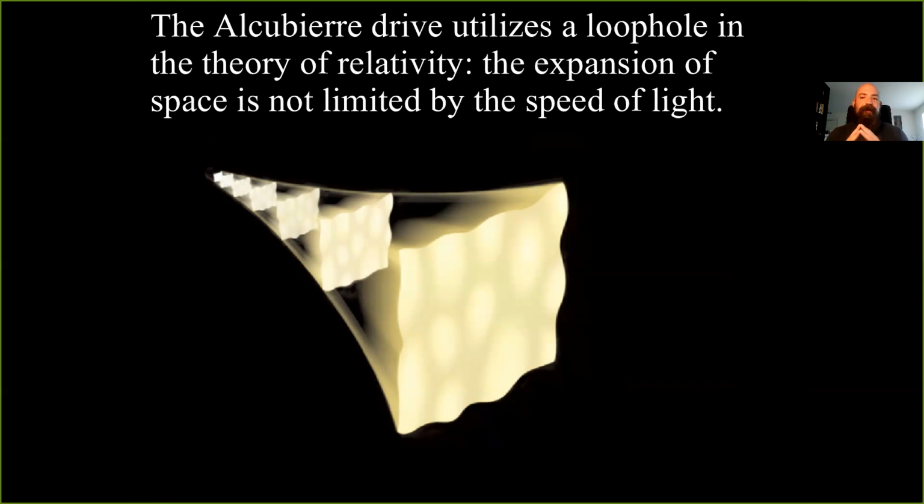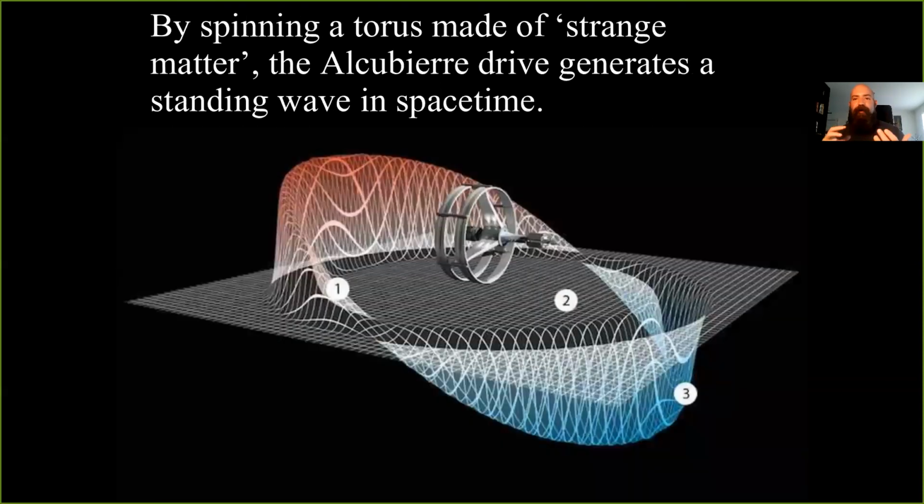And in fact, in the very early universe, there's an epoch, we believe, known as inflation, during which the universe expanded many, many orders of magnitude faster than the speed of light. So with the Alcubierre drive, what it does is it takes this torus made of something called strange matter, which has negative energy, and you spin it extremely rapidly.